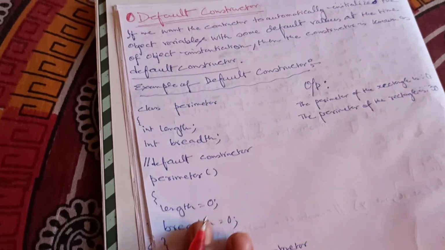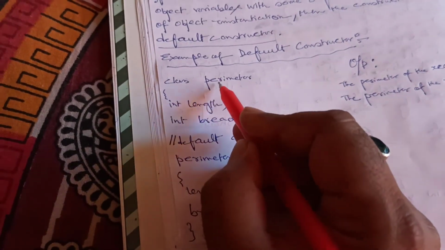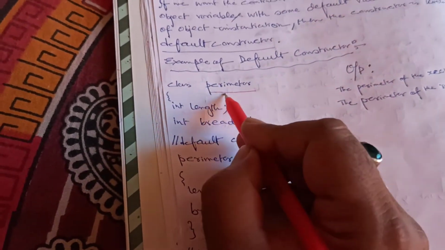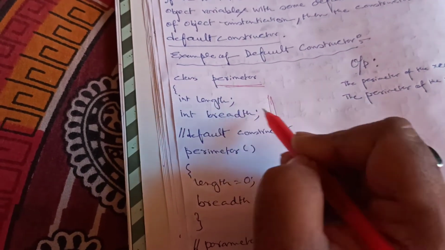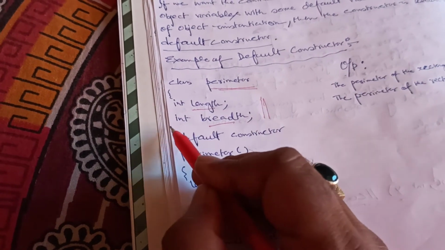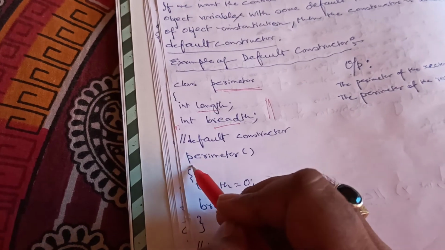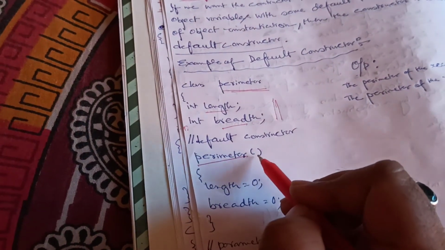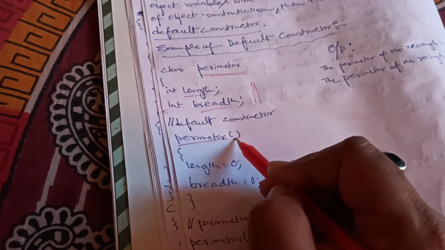Okay, next we will go to the example. Here we have defined a class whose name is Perimeter. It has two member variables, length and breadth. Now here we have defined the default constructor. You can check that in the default constructor there are no parameters or arguments.